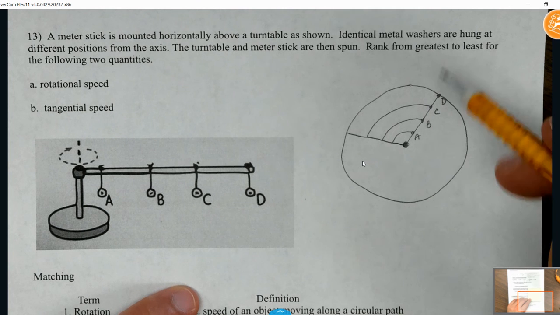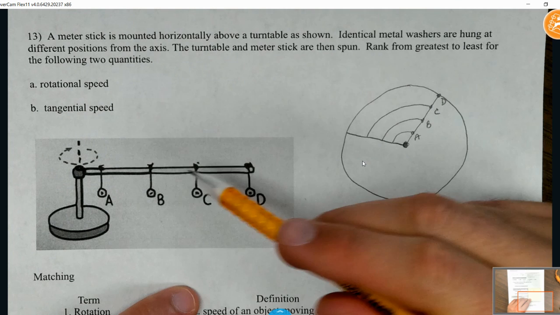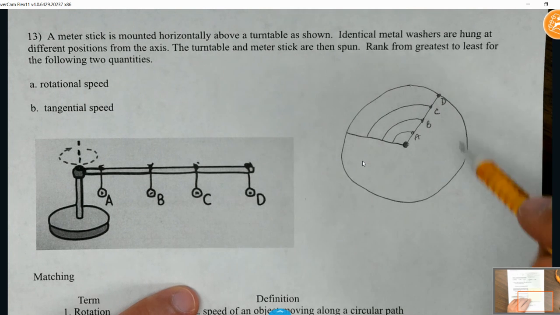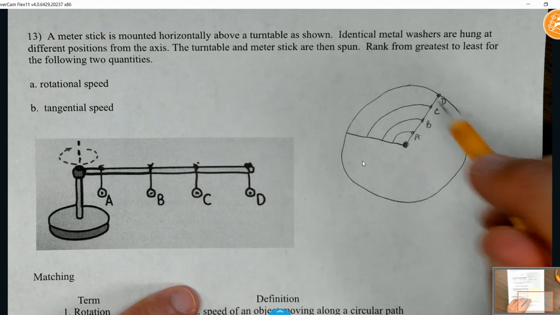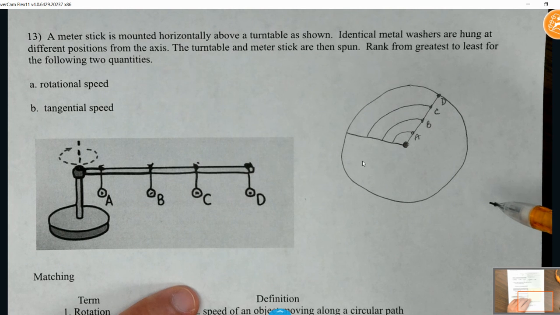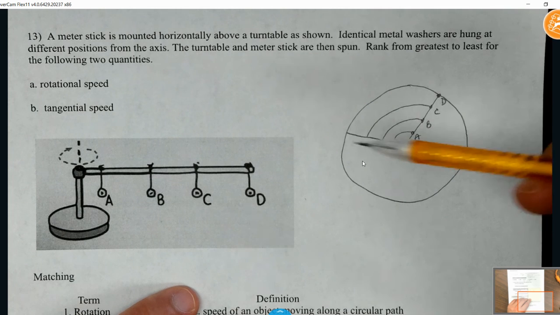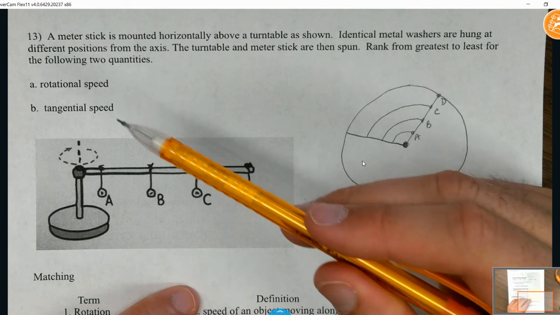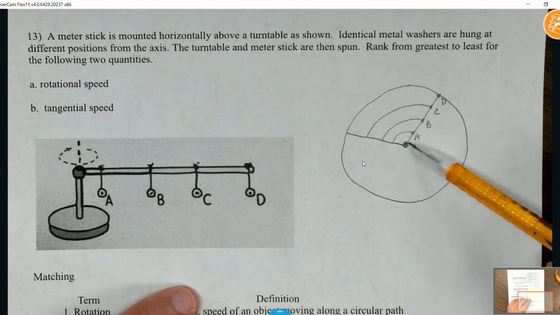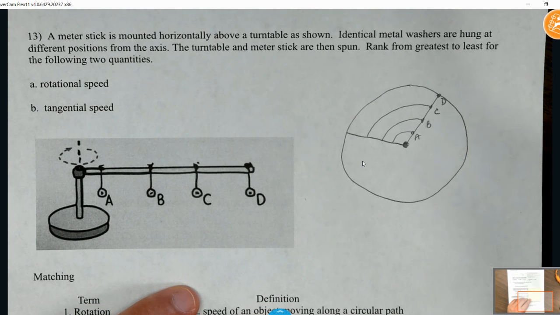Rotational speed. Okay, which washer would go around faster? Would any of them make more laps around? No, because rotational speed is going to be the same for everything that is on this same rail.